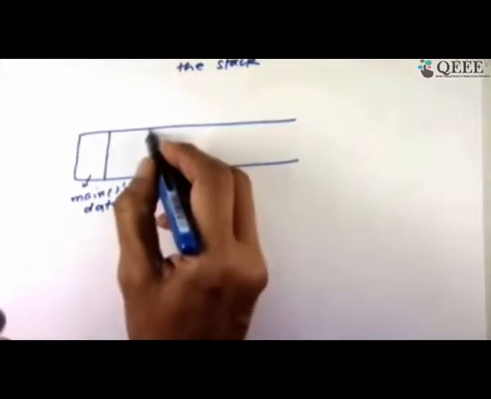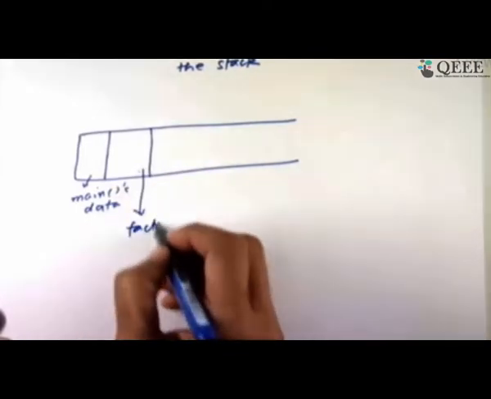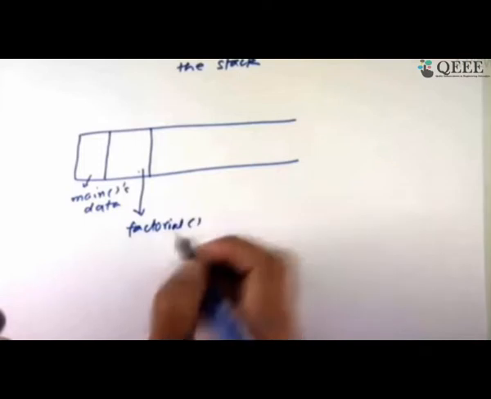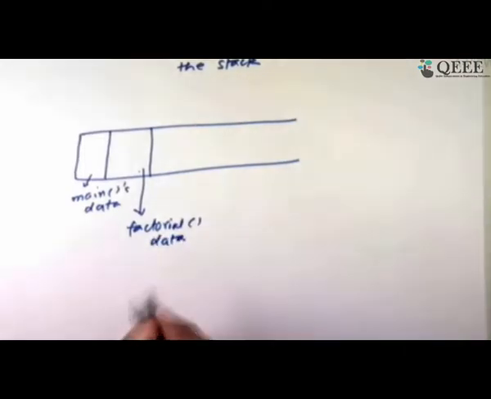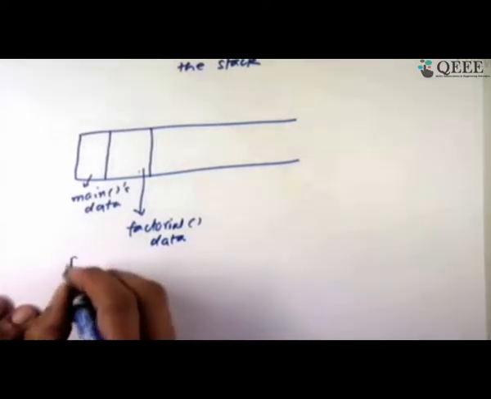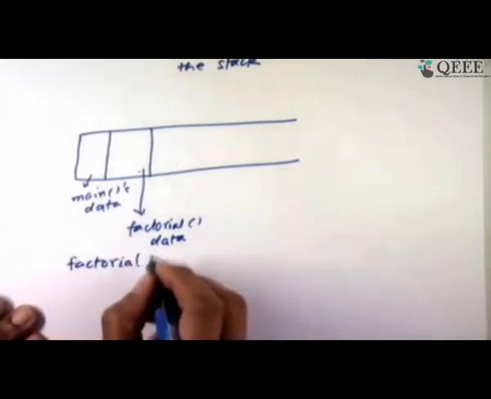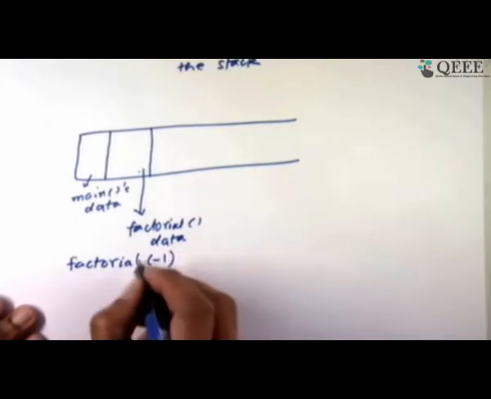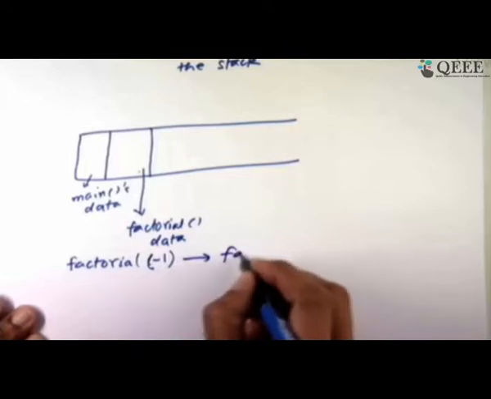And let's say this is my recursive function factorial. Factorial's data is here. So when we call factorial minus 1, I don't know if my handwriting is readable. We know that factorial minus 1 will eventually call factorial minus 2.